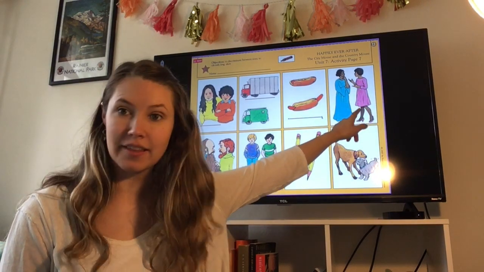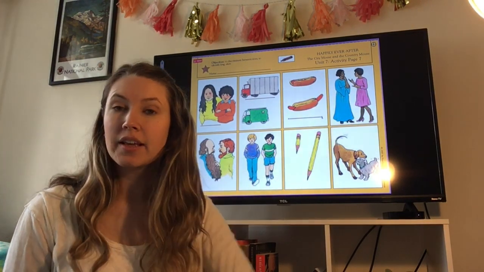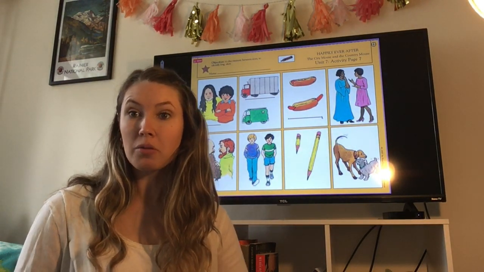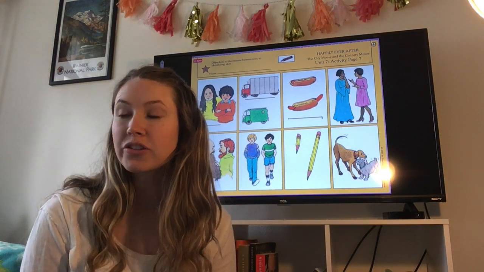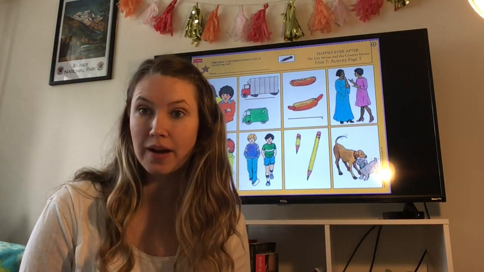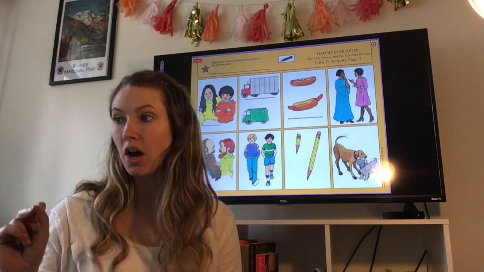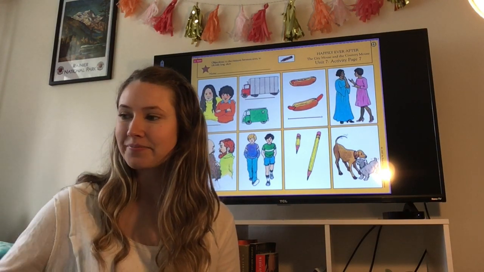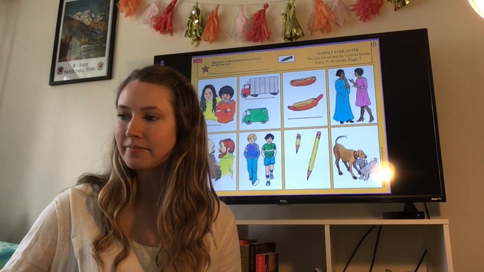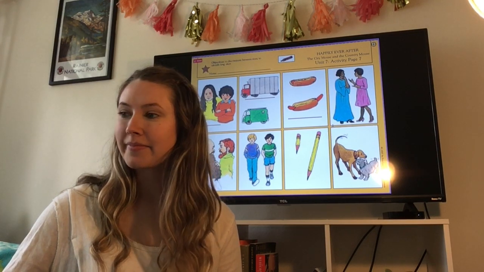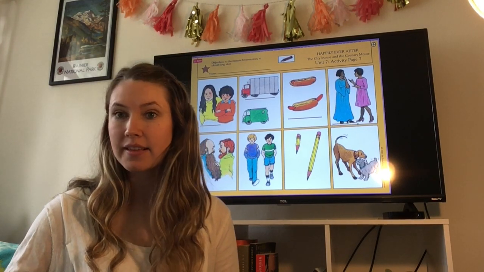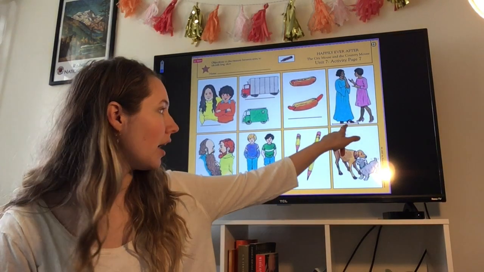We're gonna look at the last box in the first row. In that box, 2 women are wearing dresses. Which woman is wearing a longer dress? Underline the woman wearing the longer dress. So the woman in the blue dress has a longer dress, so I put a line under her.